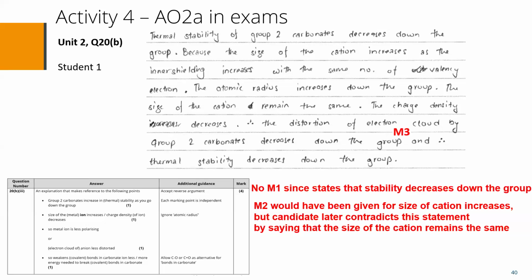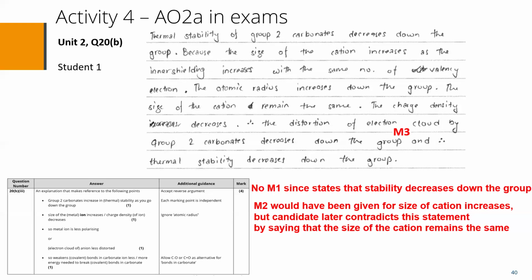M2 would have been awarded, it would have been given for the size of cation increases, but unfortunately the candidate later contradicts this statement by saying that the size of the cation remains the same. So they've got some correct and some incorrect contradictory chemistry, so that mark cannot be awarded.